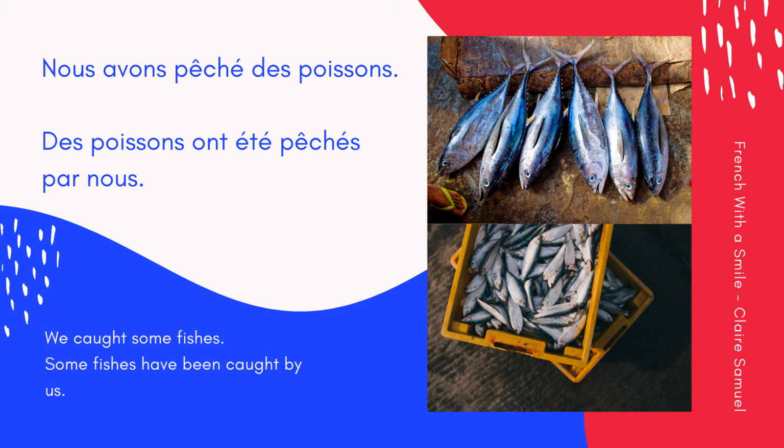So we fished some fish, some fish have been fished by us. Encore une fois, nous avons pêché des poissons, des poissons ont été pêchés par nous. Ensemble, nous avons pêché des poissons, des poissons ont été pêchés par nous.